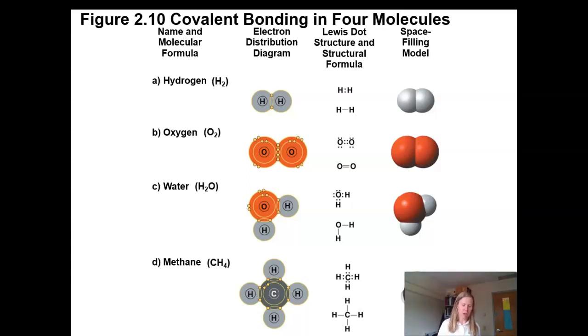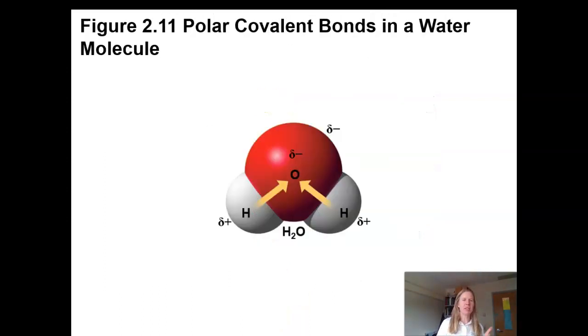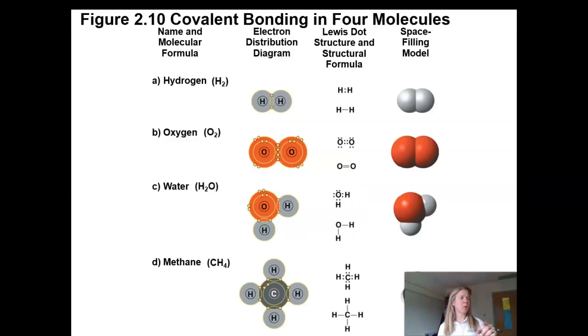one atom on another. What that ends up setting up, water is a perfect example. The covalent bond that forms between oxygen and hydrogen in a water molecule is referred to as a polar covalent bond. These top ones were non-polar, which means the electrons are shared equally.